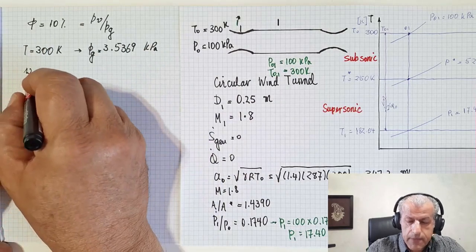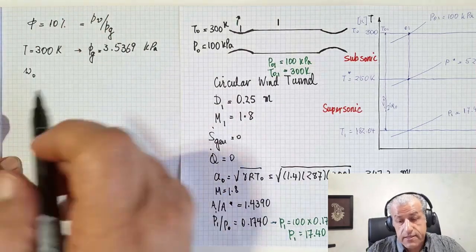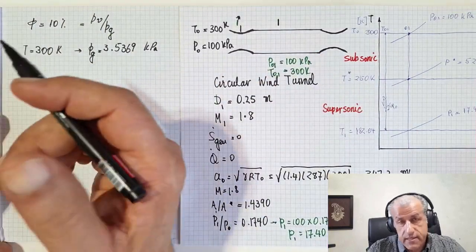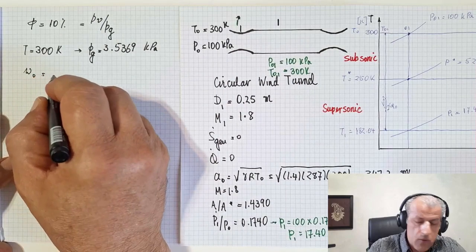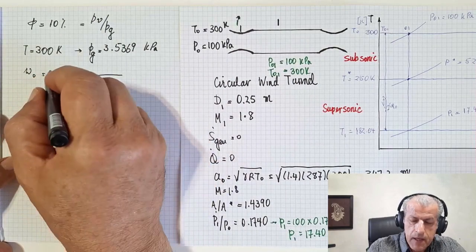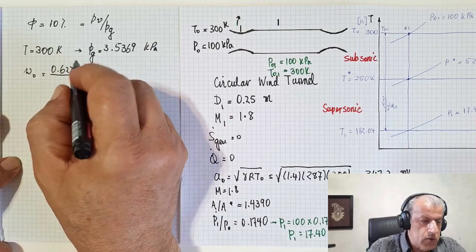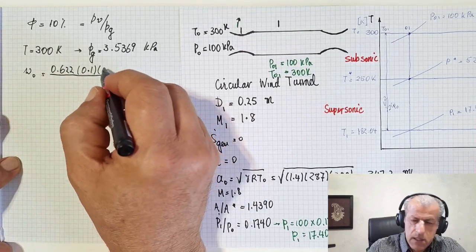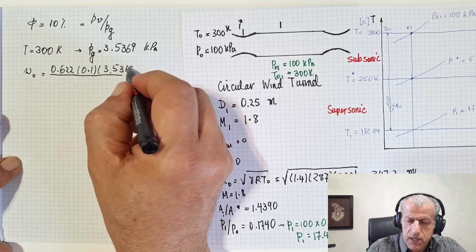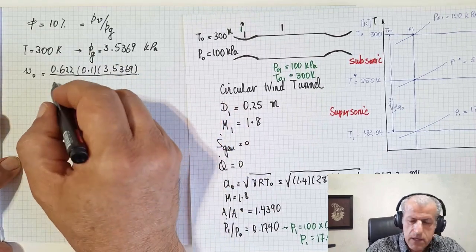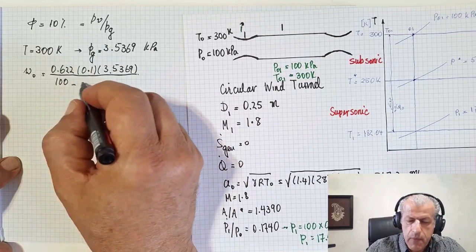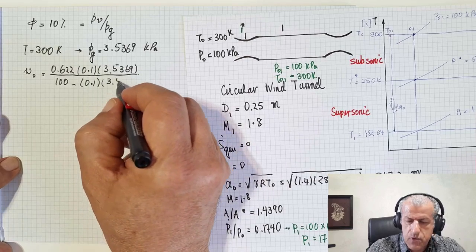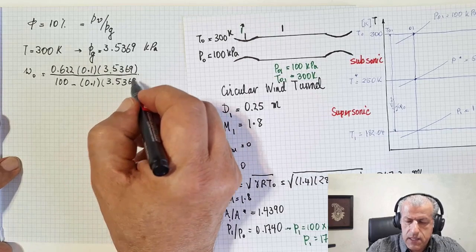W at point 0, and by 0 I mean at stagnation conditions where velocity is 0 and the entry flow, would be 0.622 times 0.1, 10% humidity, times 3.5369, divided by 100 minus 0.1 times 3.5369.